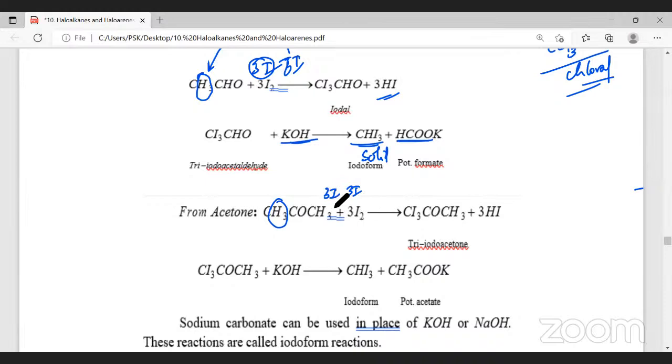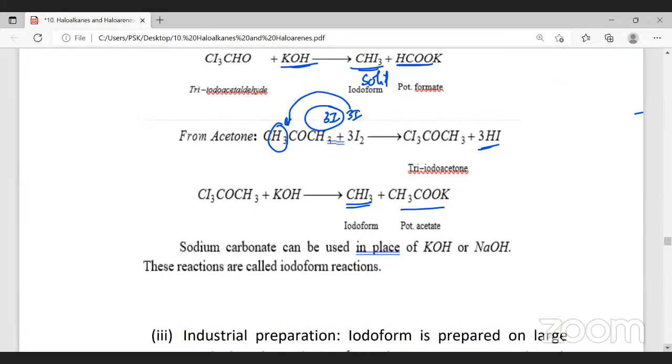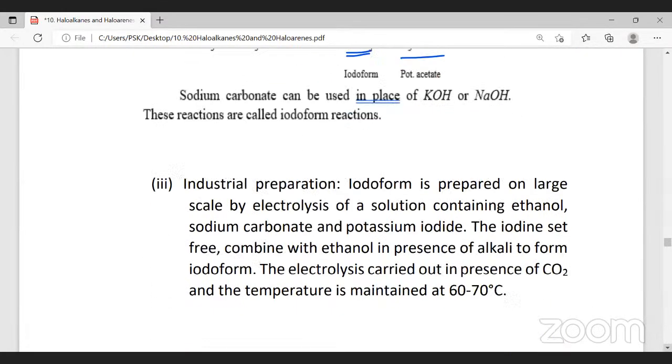We write 3I2 for convenience as 3I, and the 3I and 3H are eliminated as 3HI. In place of H3, 3I goes in. Therefore, you get triiodoacetone. This triiodoacetone, when reacted with potassium hydroxide, gives iodoform and potassium acetate. So these reactions you have to write and practice.